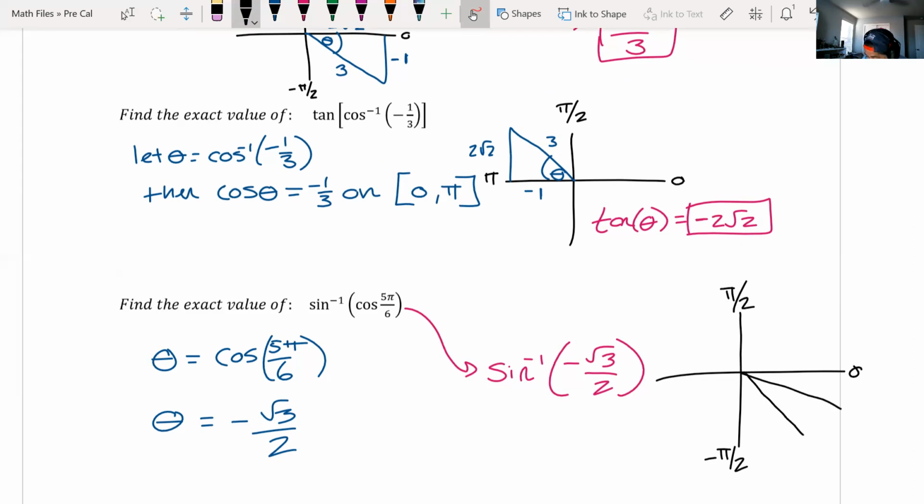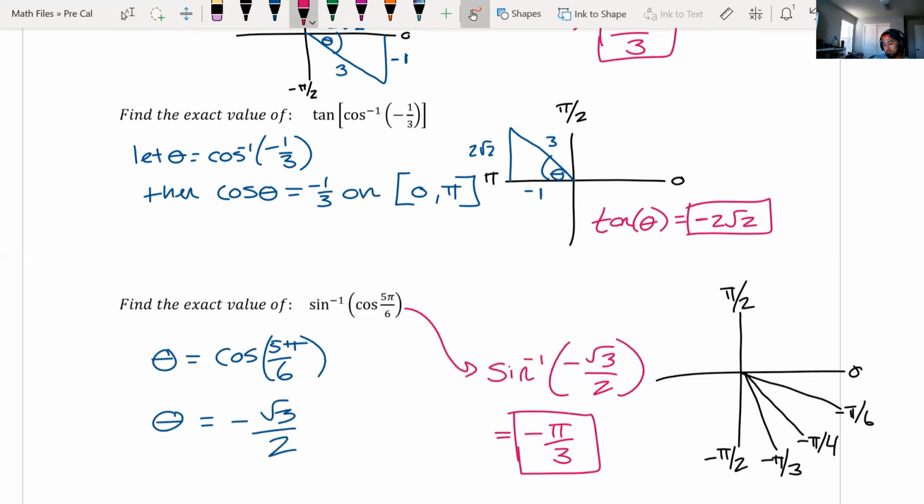And at what radian value is sine negative square root of 3 over 2? Negative pi over 3. So the inverse sine of negative square root of 3 over 2 would become negative pi over 3. Boom.